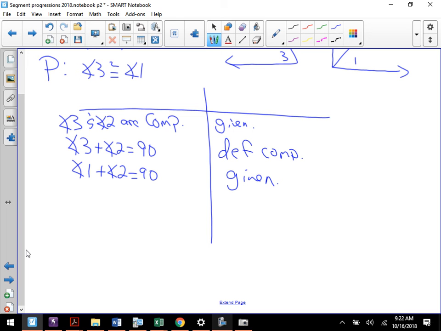Now you want to prove something about 3 and 1. You want to prove something about 3 and 1, so what do we have to do? What do we do? Careful. Do you have two things that equal the same thing? What are they both equal? So they have to equal each other.